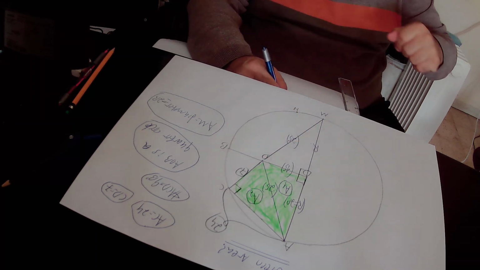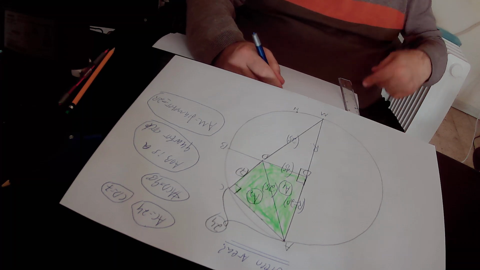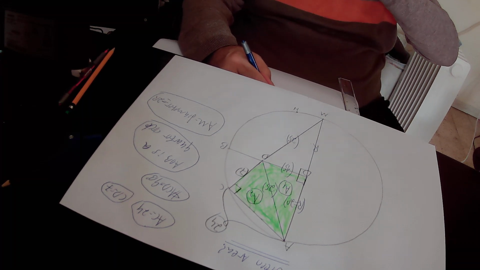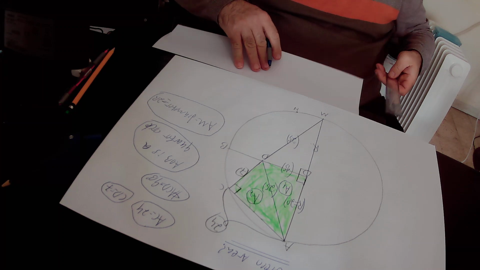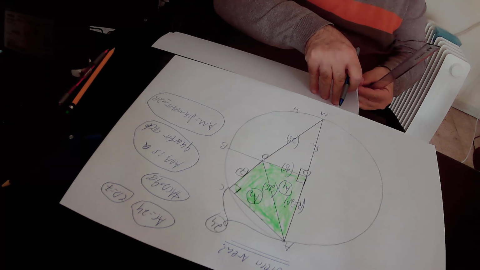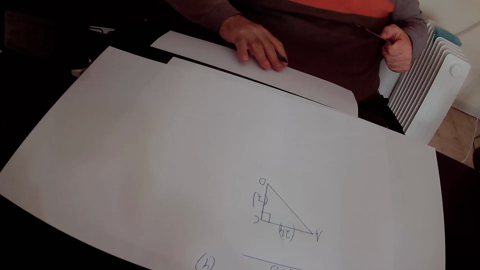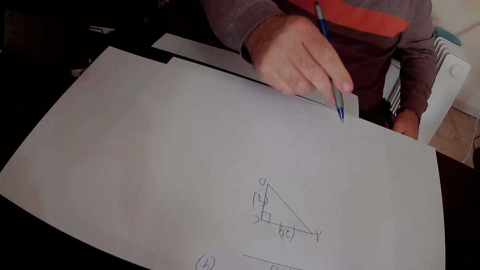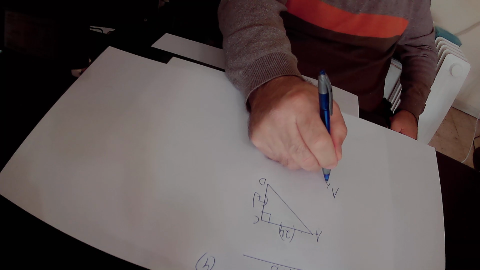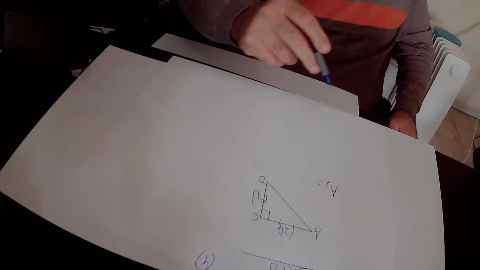AC equals 24 units and CD equals 7 units according to what is given in the question. This is the green right triangle ACD that I copied from the original drawing, and this is the area A2.